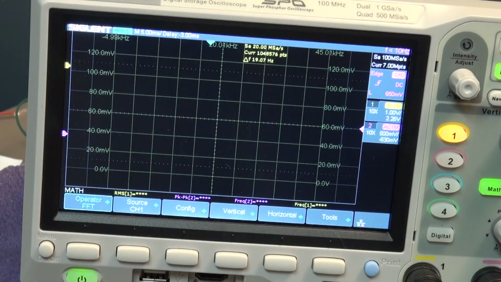Okay, in this segment we will test our ultrasonic sound sources and display the results of those tests on the oscilloscope. So essentially we're trying to find out how good is this wine glass and the jar as a source of ultrasonic sound.